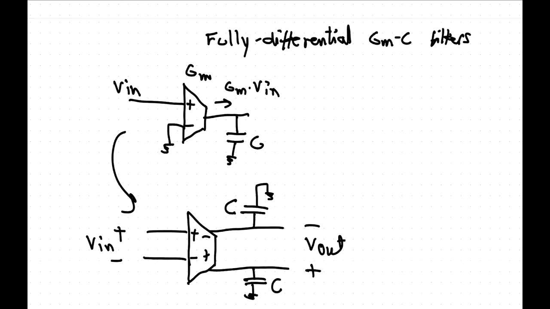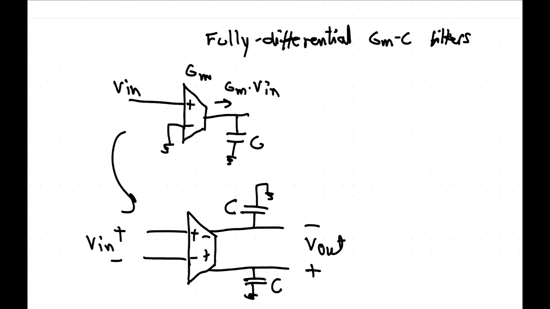And if you want to make sure that the transfer function is the same, we need to choose the transconductance such that when we have the same input voltage here and here, we get the same output voltage here as well. Because if we are injecting current into that node and subtracting current from that node there, the output voltage is naturally twice as big here than it is here.